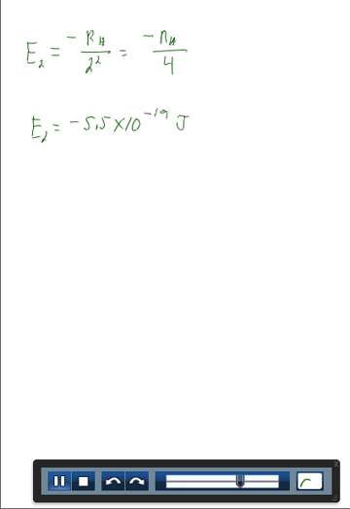Now you can see, since n goes from 1 to infinity, we have an infinite number of energy levels possible for the hydrogen atom. If we put it on an energy scale, our energy increases that way. We'd have n equals 1, n equals 2, n equals 3.